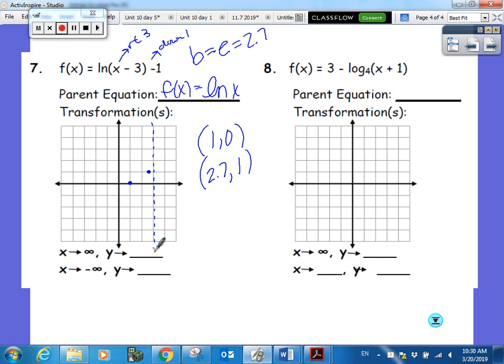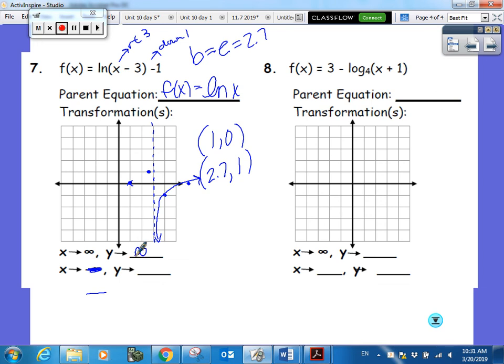So this point right here, I'm going to move it right 3 and down 1. Done with that. I'm going to move here right 3. So I'm a little bit off the graph and down 1. And there is that graph. And as x approaches infinity, this should be a blank right there. X approaches infinity, so does y, just a little bit slower.